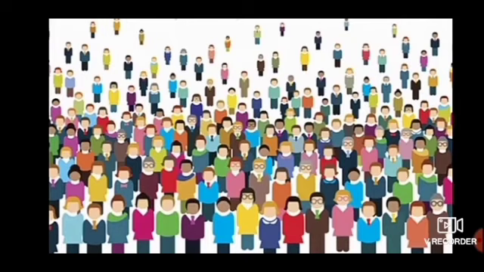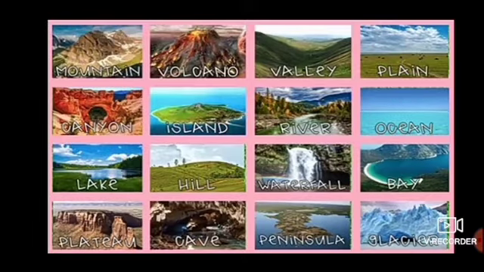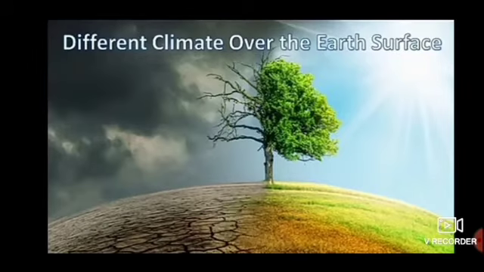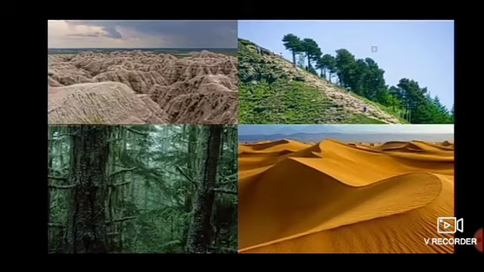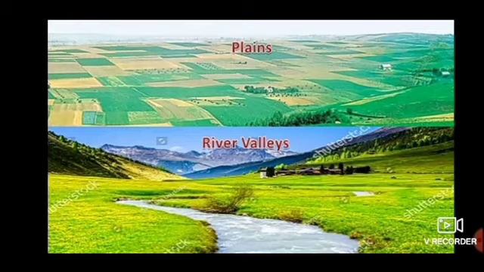Some areas are densely populated and some are sparsely populated because of the different shapes of the earth and the climatic changes. There are rugged topography, steep slopes of mountains, dense forests, and desert areas which are sparsely populated, whereas there are river valleys and plains which are densely populated.